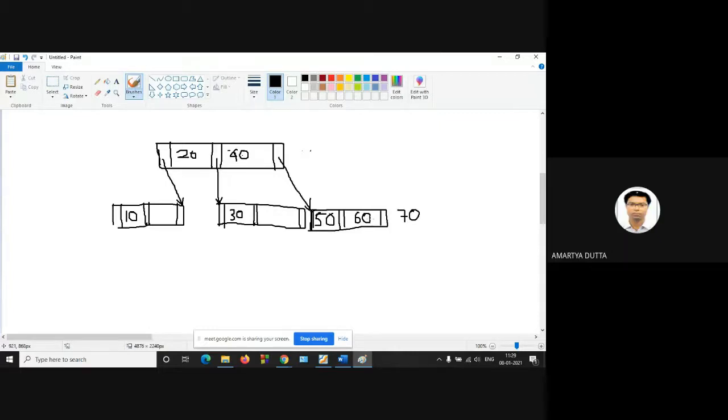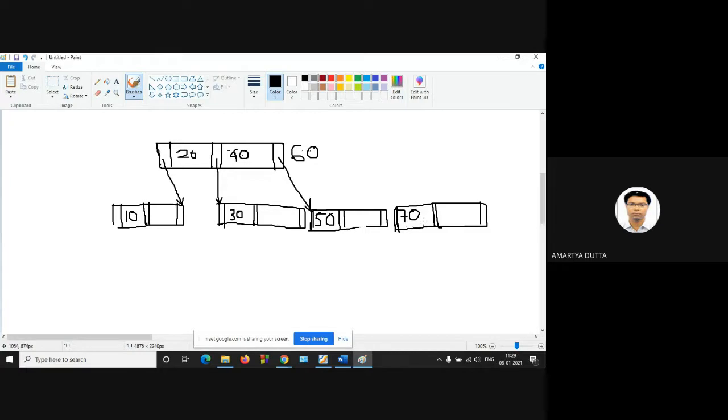আর রাইটে কে আসবে? 60. So split this. 60 will be there, and from 70, this is 70.